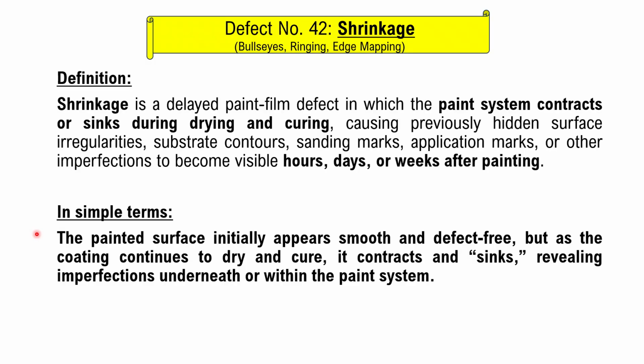In simple terms, the painted surface initially appears smooth and defect-free, but as the coating continues to dry and cure, it contracts and sinks, revealing imperfections underneath or within the paint film system.